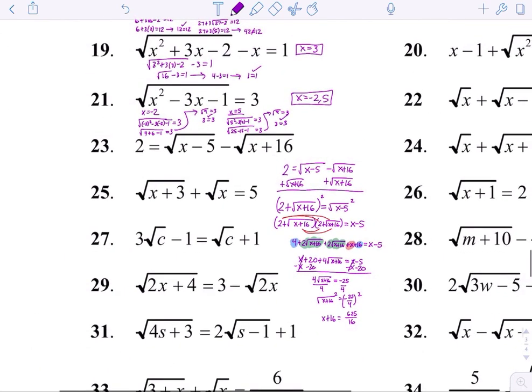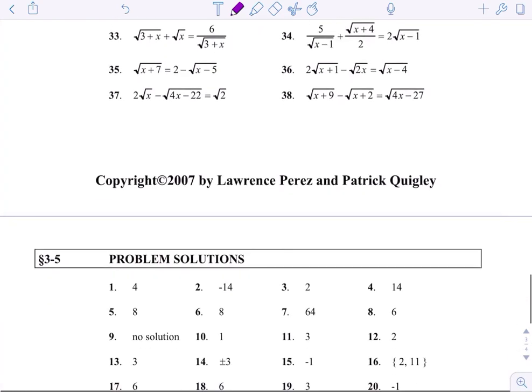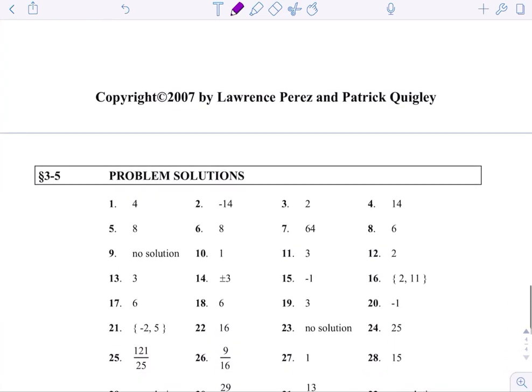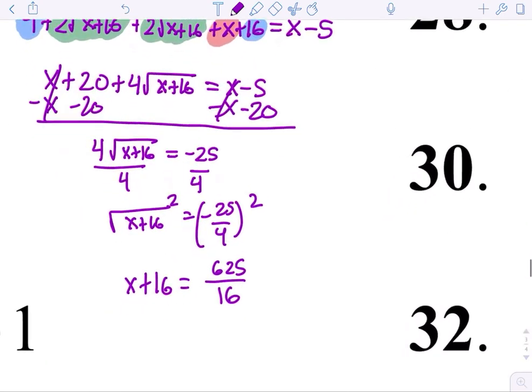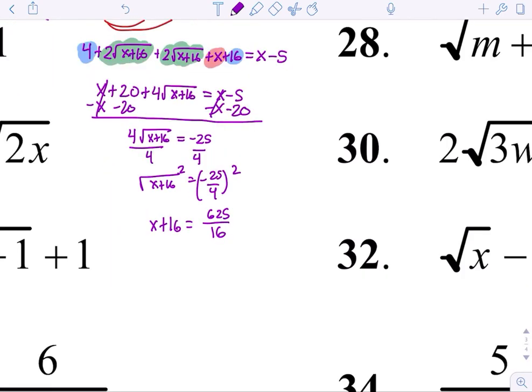Looks good so far. Let me just check 23. Alright, so we have that. Now multiply both sides by 16.